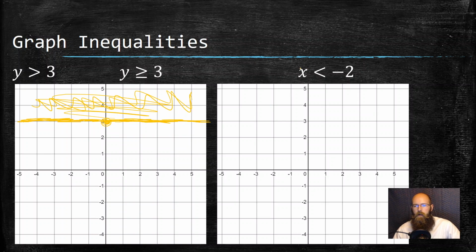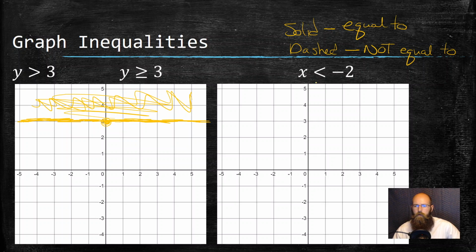Look over at the right, I now have x is less than, strictly less than, -2. So is it going to be solid or dashed? It's dashed because it's not equal to. It's solid if it is equal to.